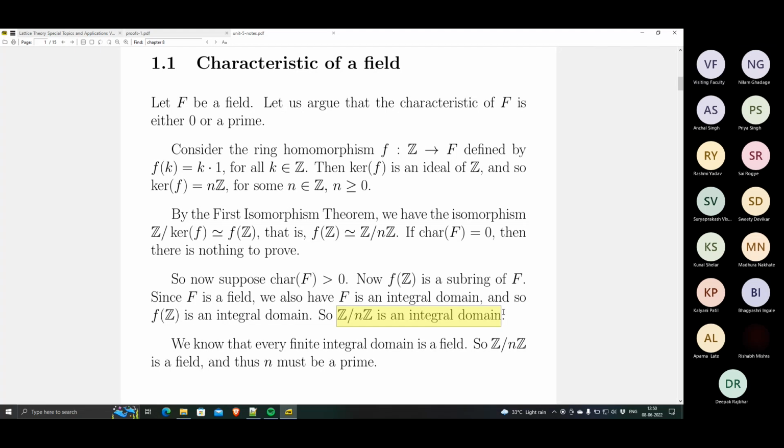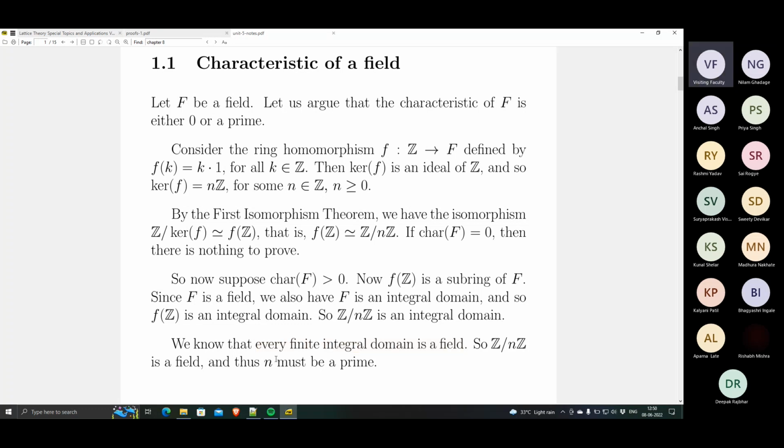But now Z mod nZ is a finite ring. It's a finite integral domain. You should have seen this in class before, that every finite integral domain is a field. Have you seen this? It is actually easy to prove. Every finite integral domain is in fact a field.